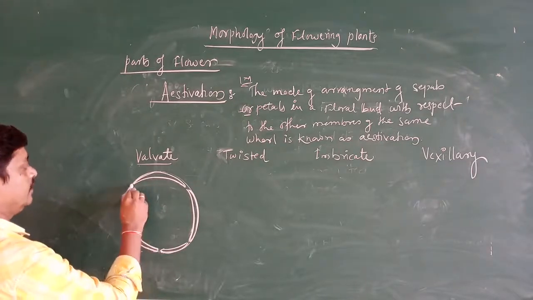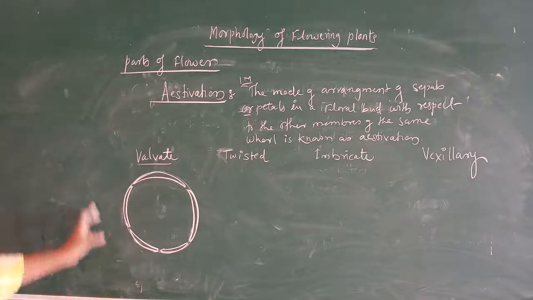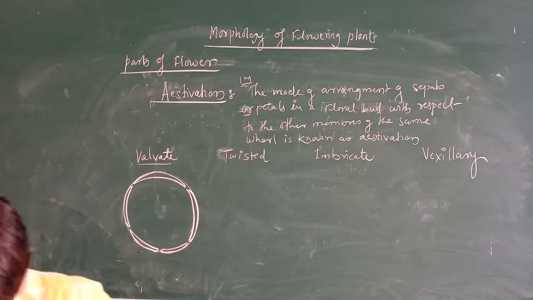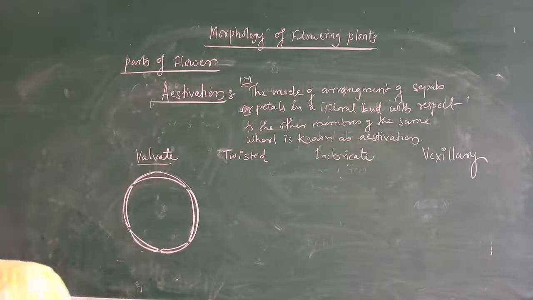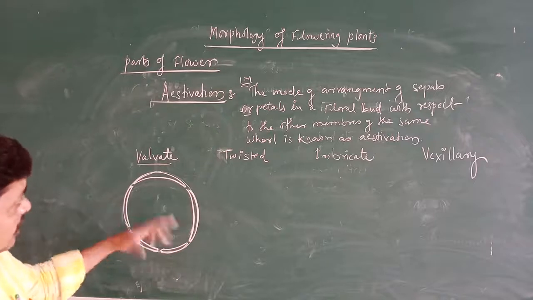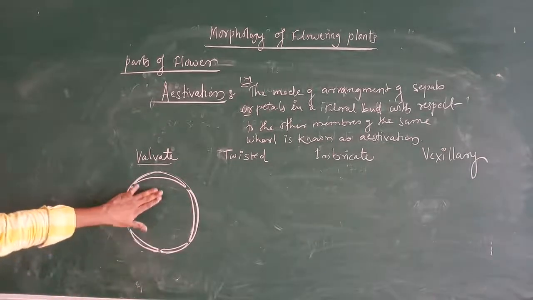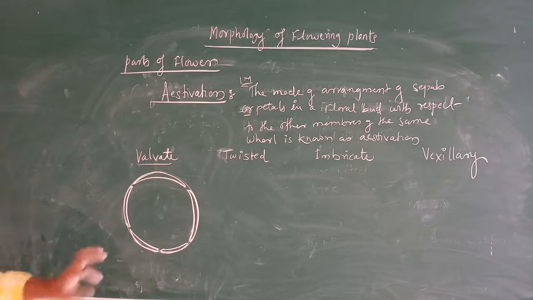So here, what I drew on the board in valvate aestivation is the arrangement of sepals or petals one another, margin to margin. They are arranged with margin to margin, and here we are not going to get any overlap.